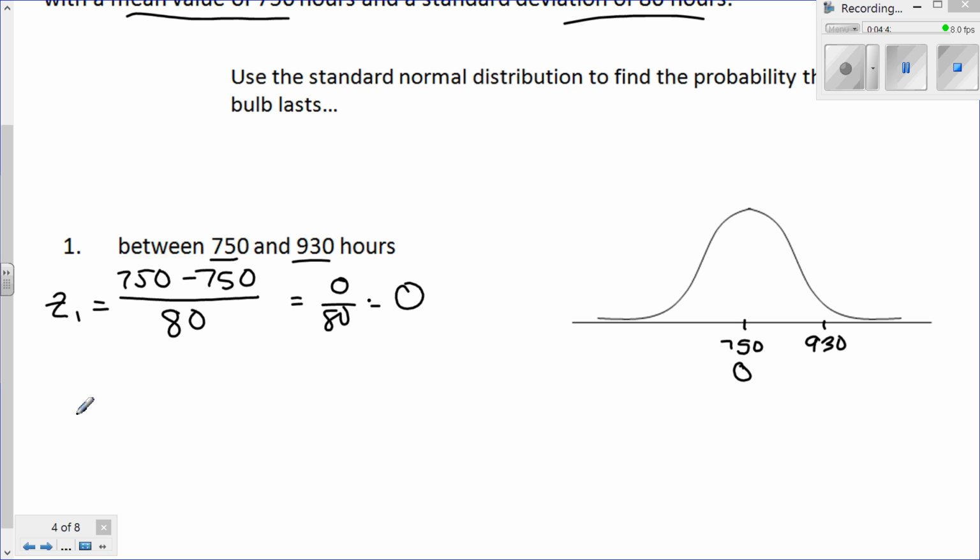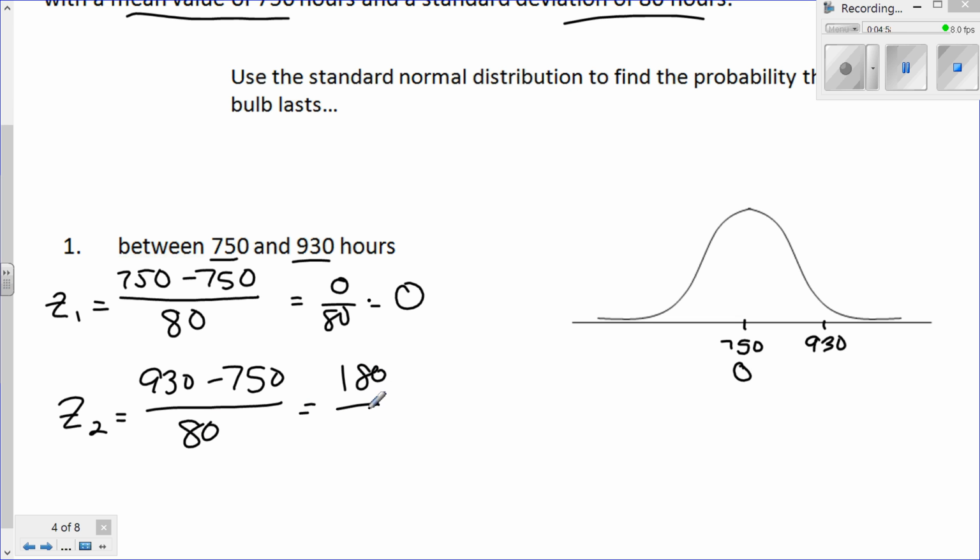Then we'll take the 930 and get a z-score for it: subtract the mean, which is 750, divide by the standard deviation, which is 80. Simplify, we get 180 over 80, which is 2.25.